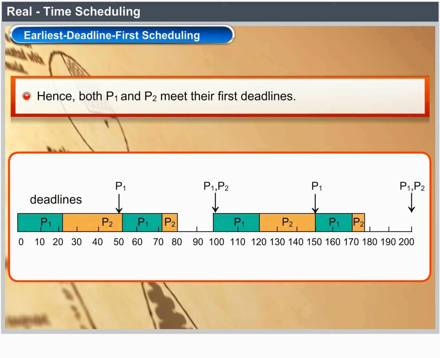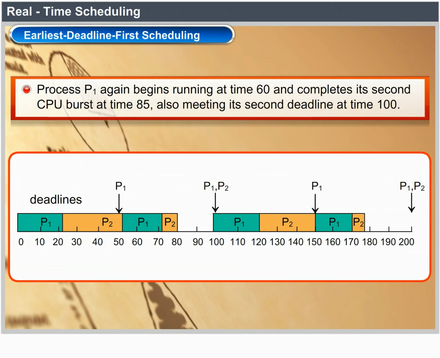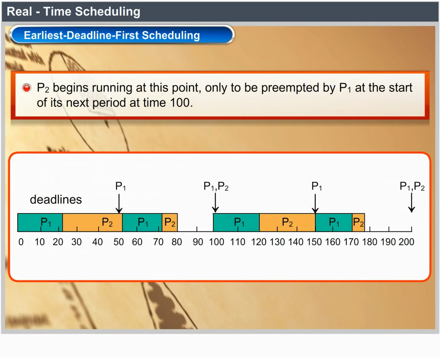Process P1 again begins running at time 60 and completes its second CPU burst at time 85, also meeting its second deadline at time 100. P2 begins running at this point only to be preempted by P1 at the start of its next period at time 100.